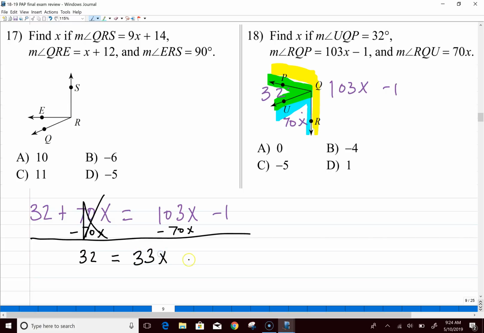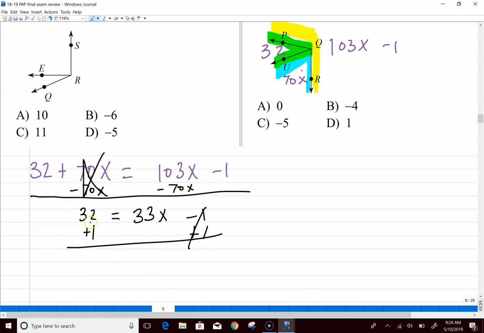Don't forget the x and then the minus 1. Get the x by itself. How do you move the negative 1? You plus 1. So that gives us 32 plus 1 is 33 is equal to 33x divided by the number in the front. And 33 divided by 33 is 1. x is 1.